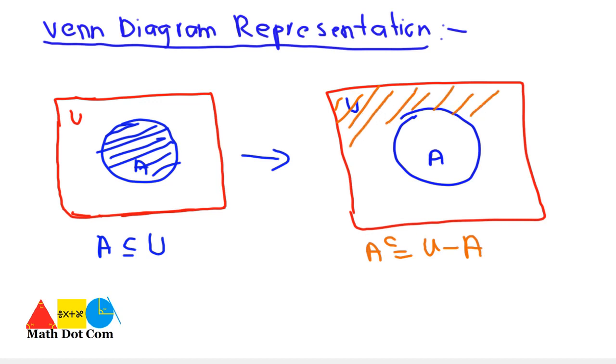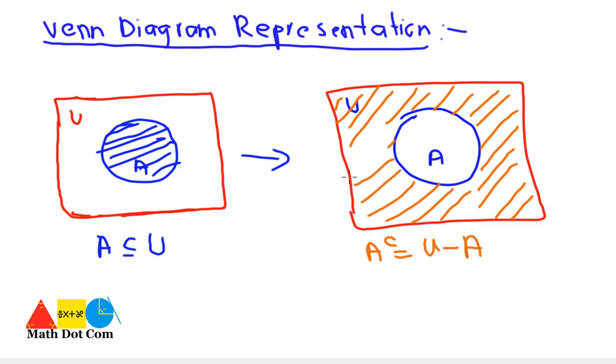This area will represent A complement. This is how you can represent the A complement through Venn diagram.